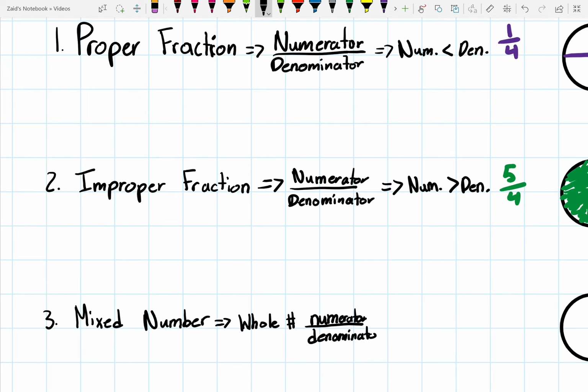Our fraction in this case would be just like our proper fraction, so our numerator is less than the denominator. So this should be a proper fraction.